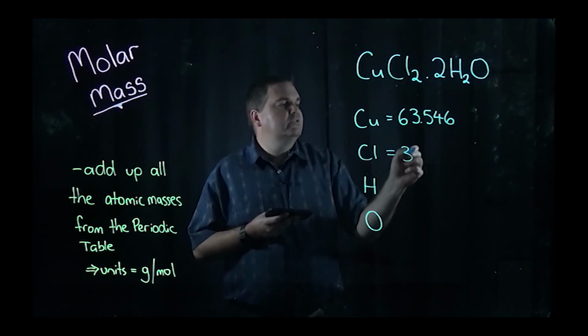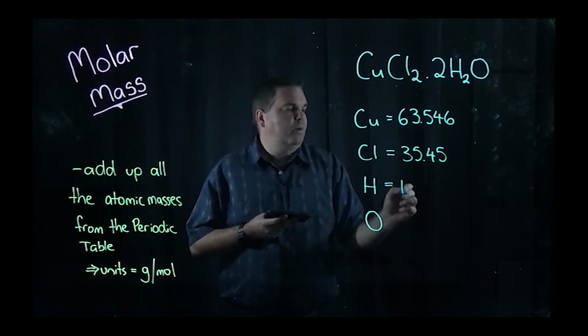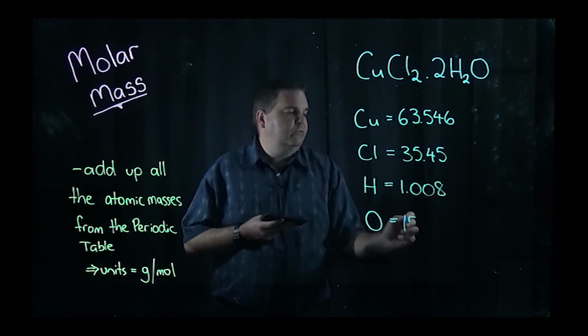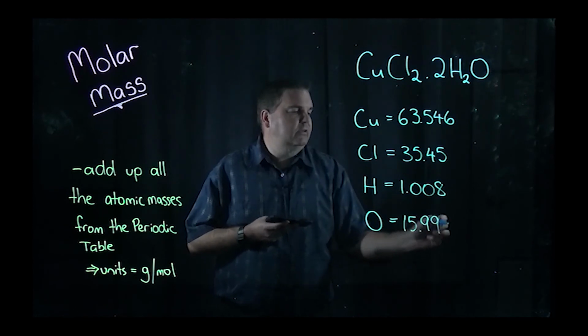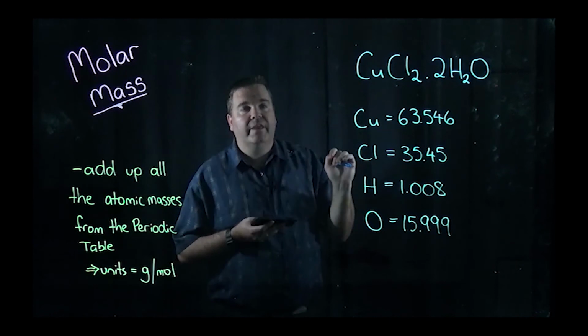Chlorine, as we did before, is 35.45. Hydrogen is 1.008 and oxygen is 15.999. Then you look up at your formula and work out how many of each.